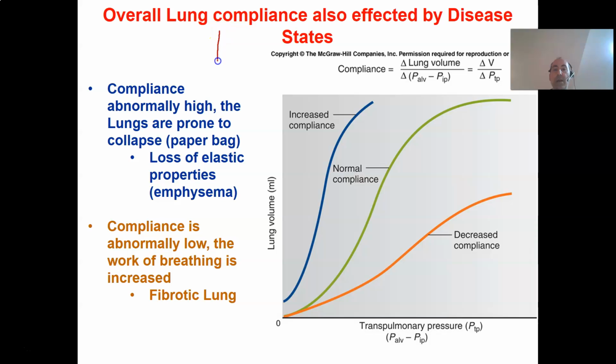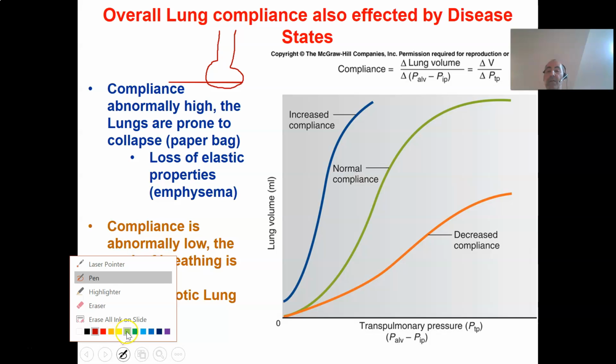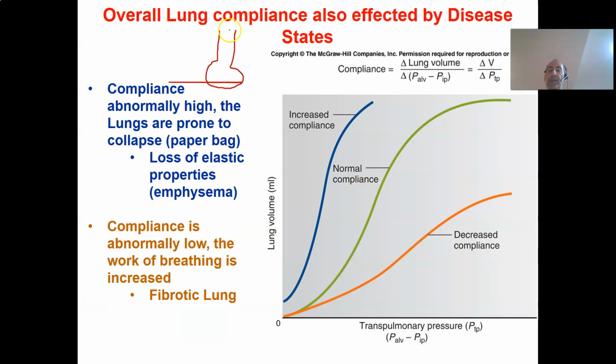If we can imagine this alveolus representing one of 8 million or so alveoli, these alveoli are connected to the rest of the lung via these things called elastic tethers.